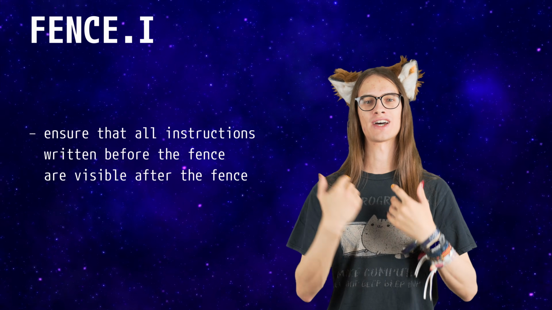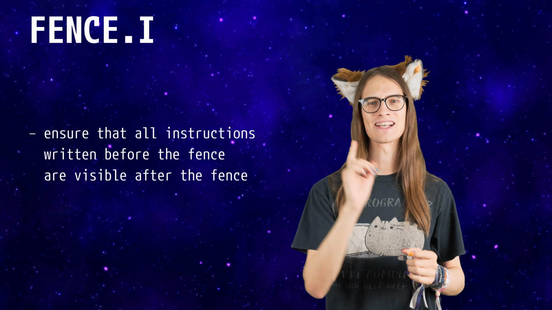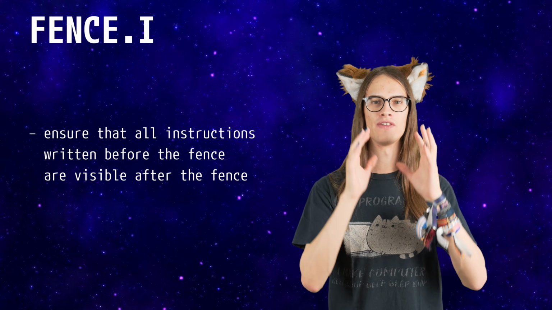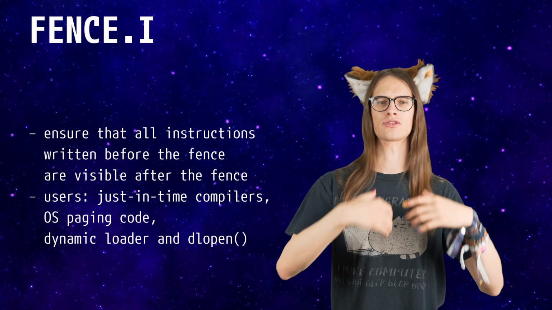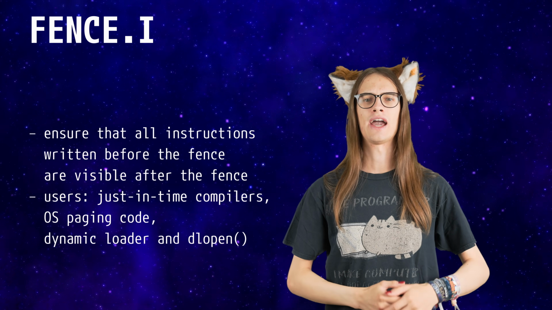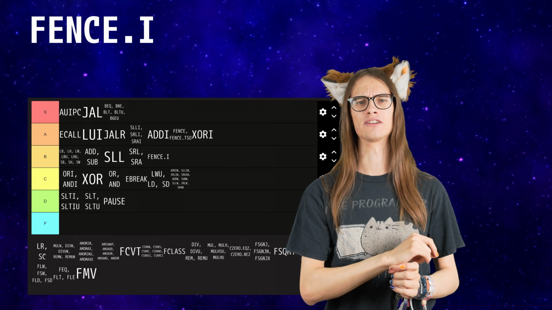Therefore, FENCE.I exists as an instruction memory fence, which does exactly that. It's a very specific thing, useful for low-level paging code and just-in-time compilers, and it's not super special, but I think it deserves a solid B tier.